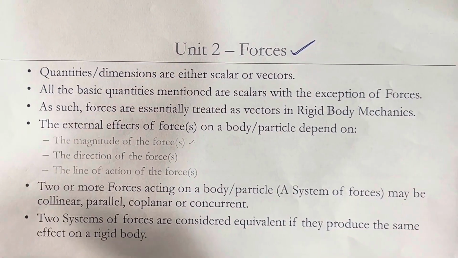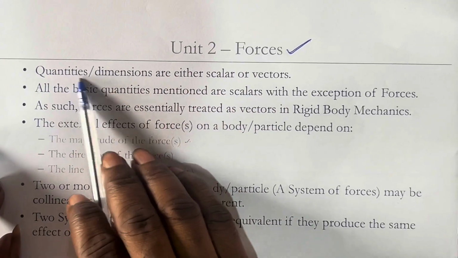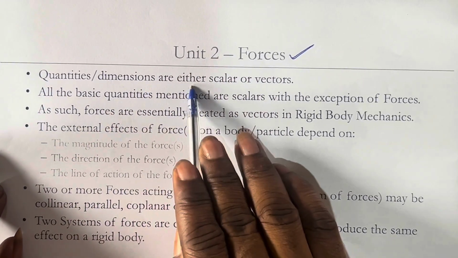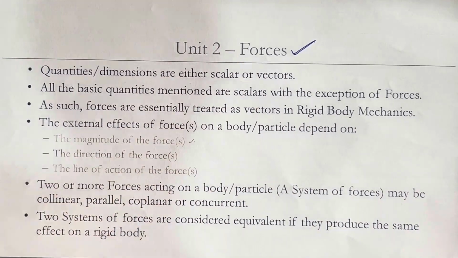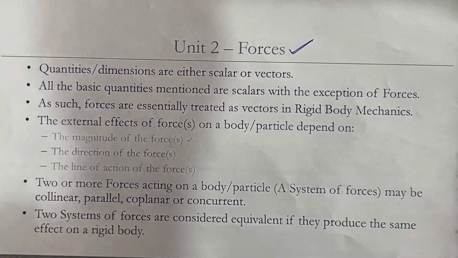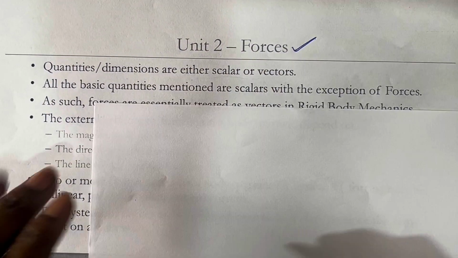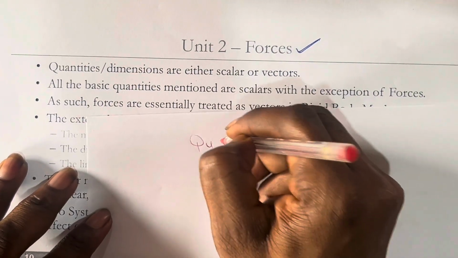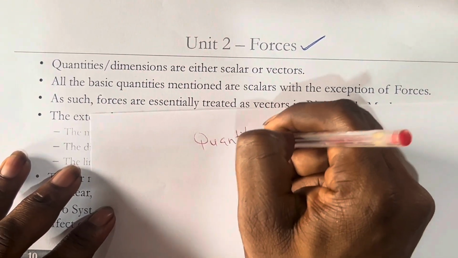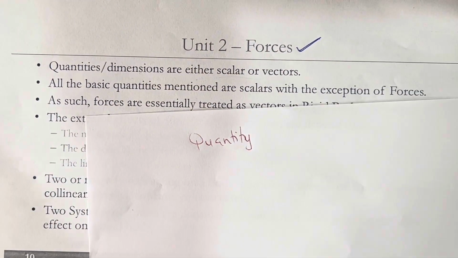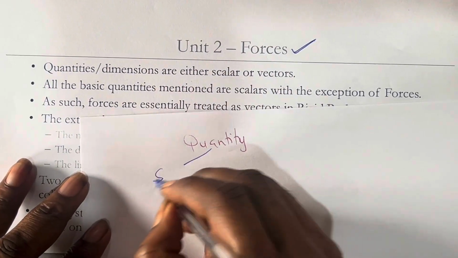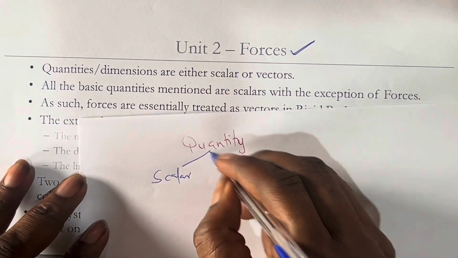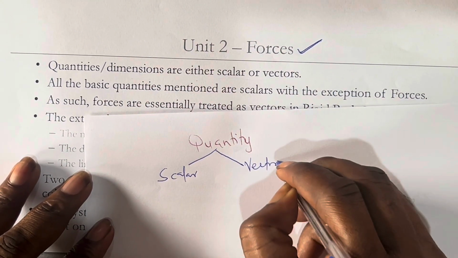Now we say that quantities or dimensions are either what? Scalar or vector. So what do we mean by a scalar quantity or a vector quantity? Under quantity, you can have either a scalar quantity or a vector quantity.